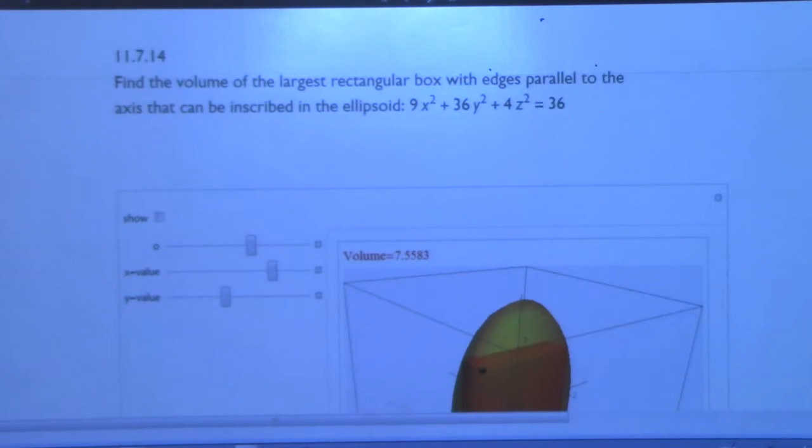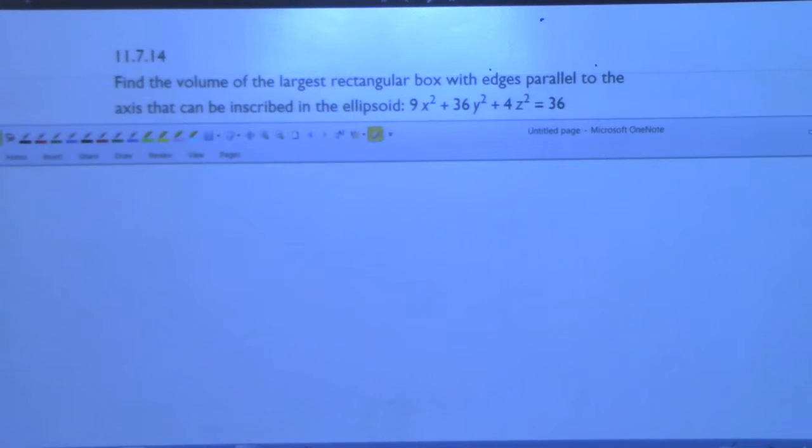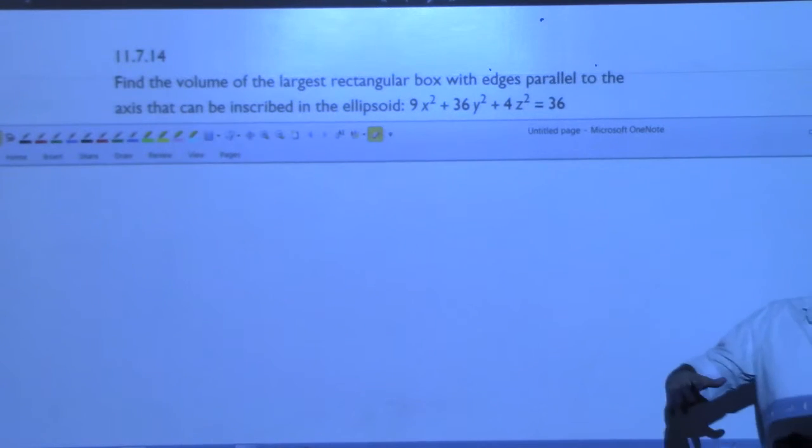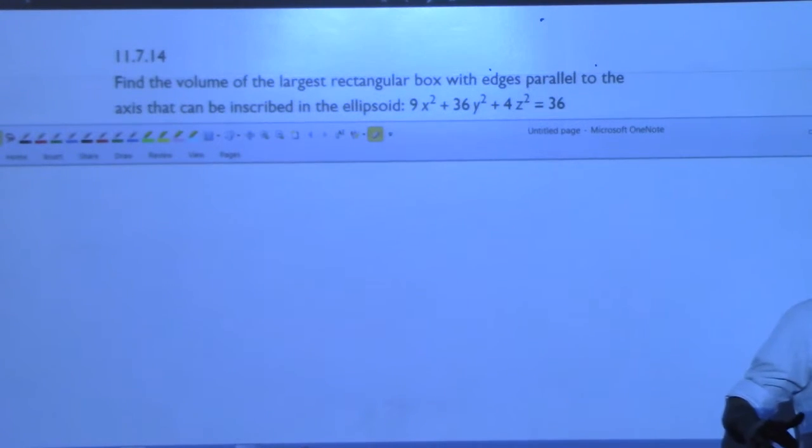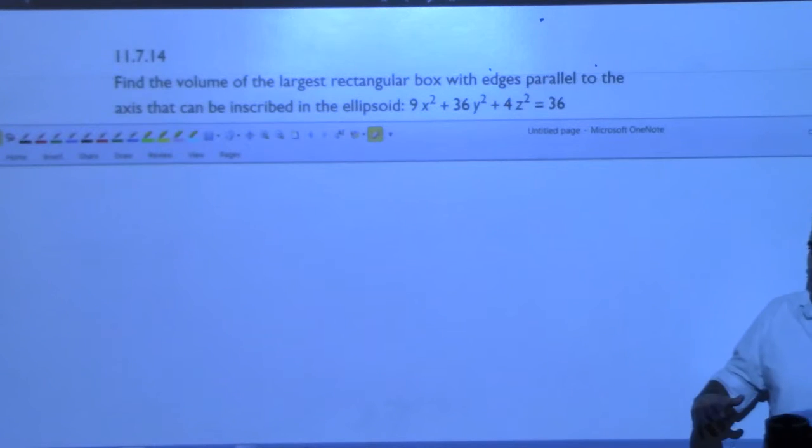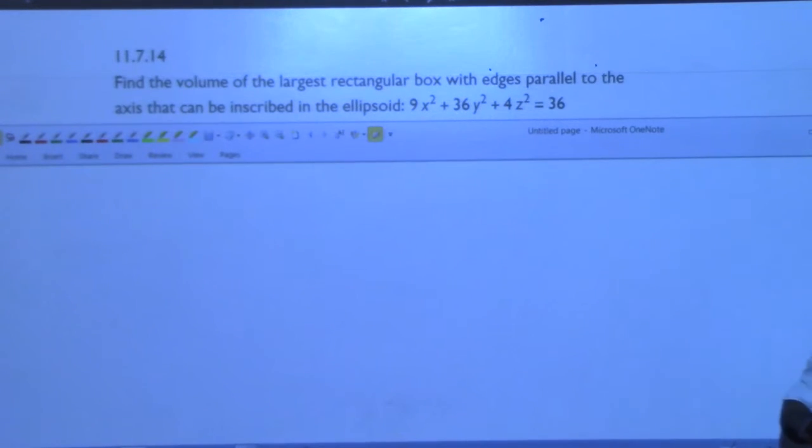How are you going to do that? All right, so what is this section about? Maximizing or minimizing a function of two variables, right? If somebody right now gives us a function of two variables, we can be asked to find the local maximums and minimums, and we can be asked to find the global max and mins so long as we're on a closed bounded region.